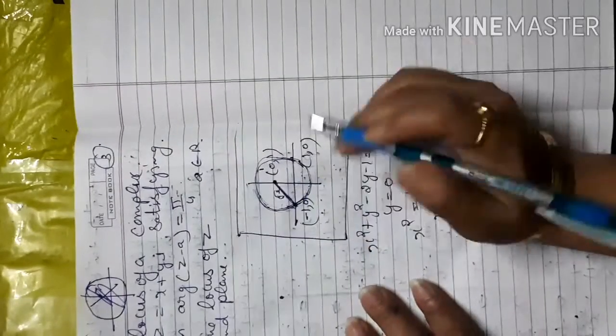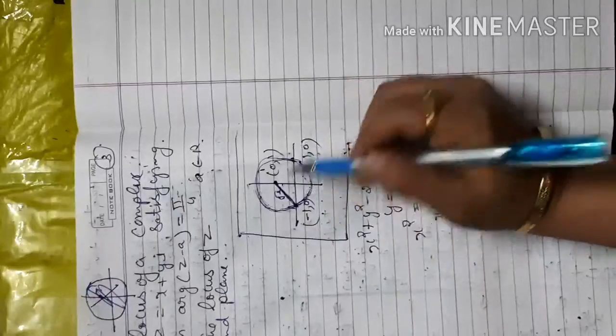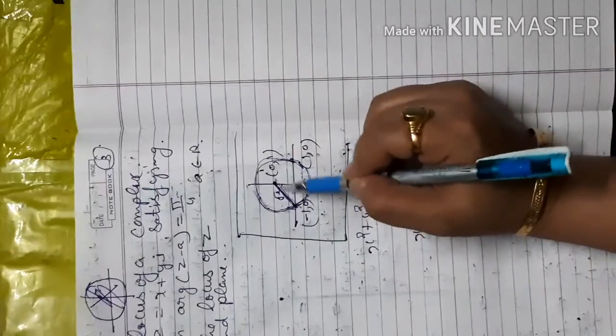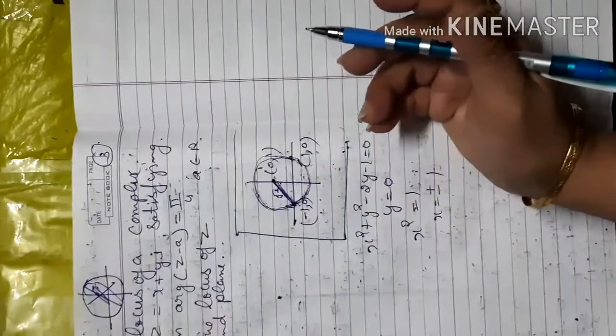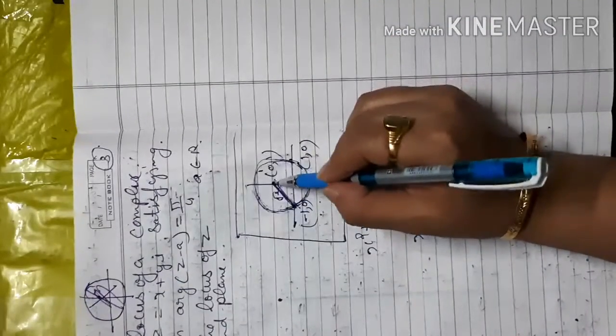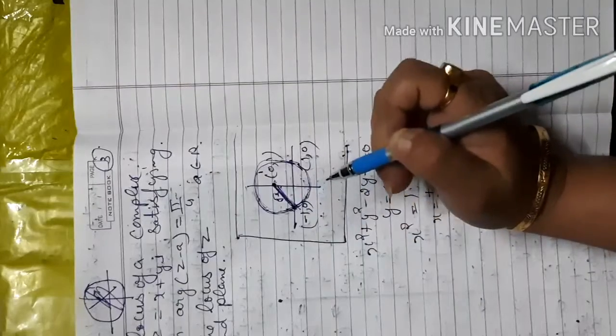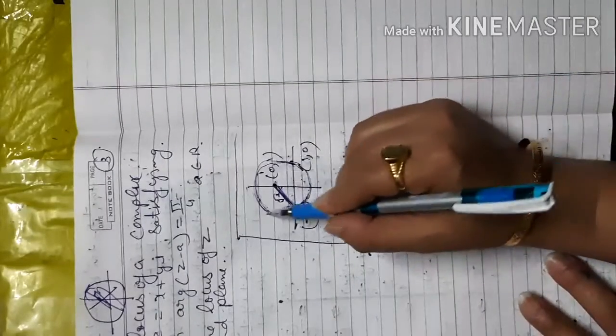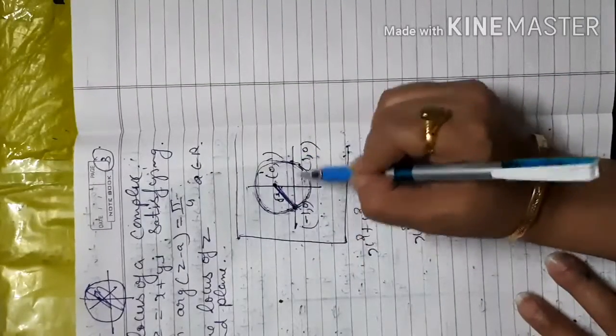The radius will be root 2, like the distance between these two is root 2. So this is the radius, this is the center, and wherever the point lies on the boundary. These are the 2 points that lie on the circle. So this way you can find the location.